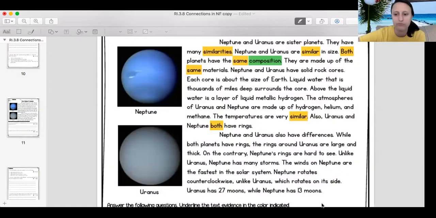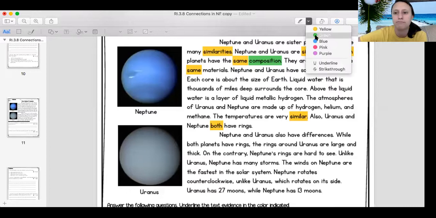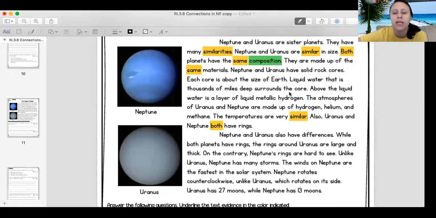Okay, so I'm going to share this screen with you again, and I'm going to pick a different color. All right, so let's go down to blue here. Let's see, where is there a sentence in here that proves that this paragraph is talking about how they are the same? Okay, so let's see.